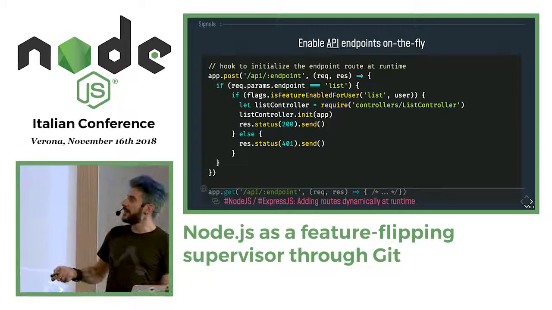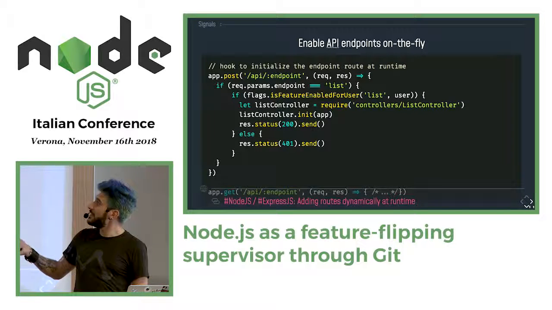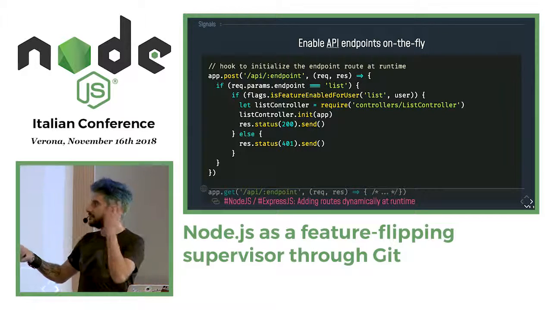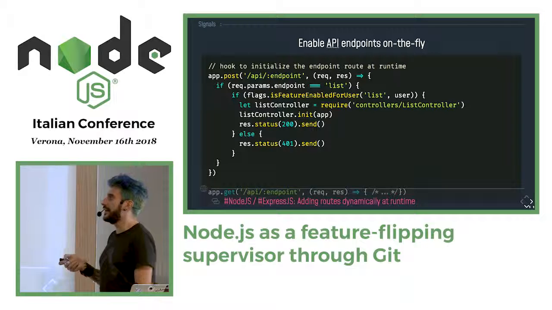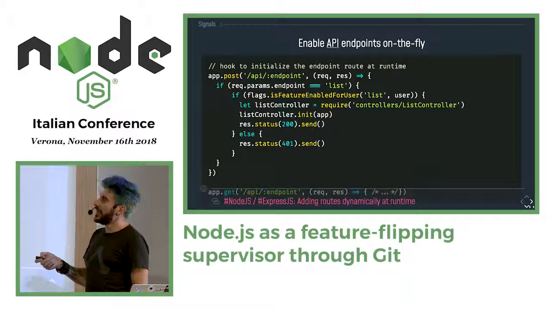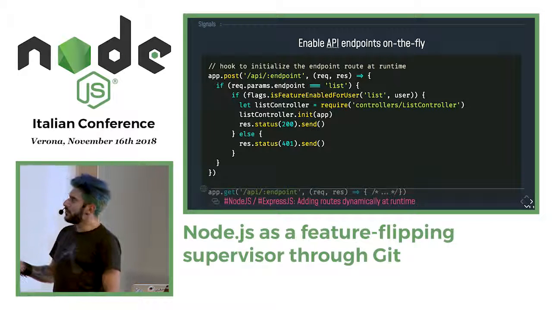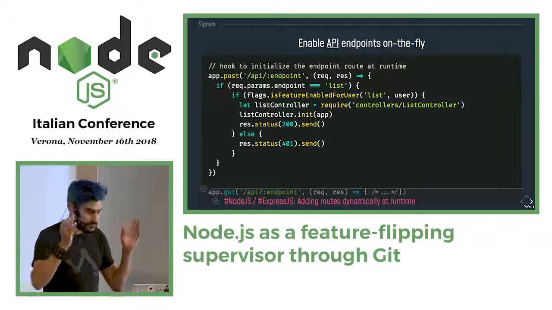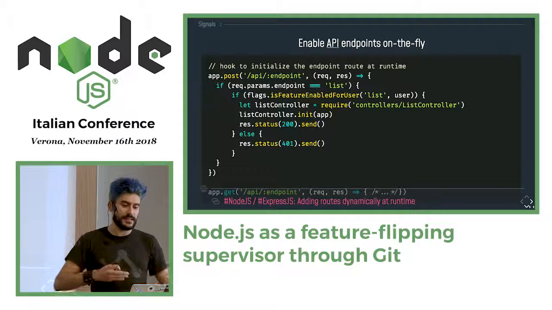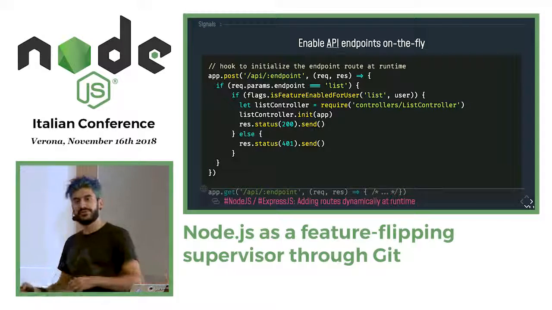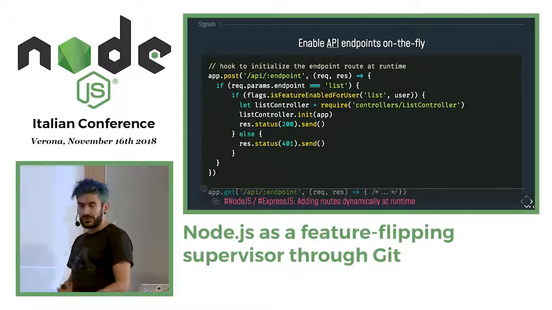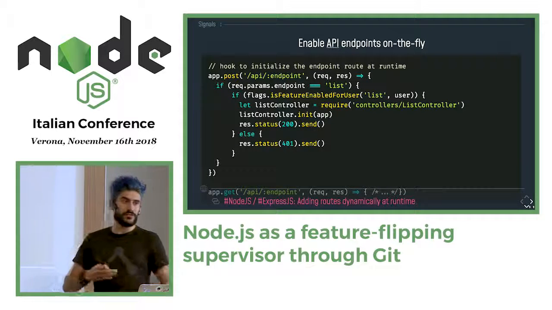If yes, you just dynamically load the controller and initialize it in your application and then send a 200 status message. Otherwise, you just send a 401 status message, and you can easily, per user, enable or disable your various endpoints per user or per context or per whatever you want.